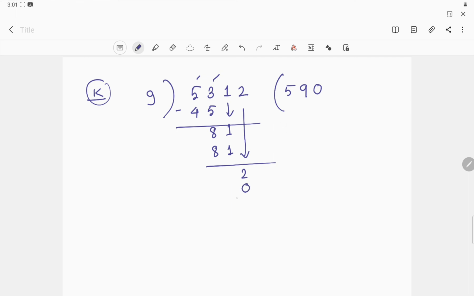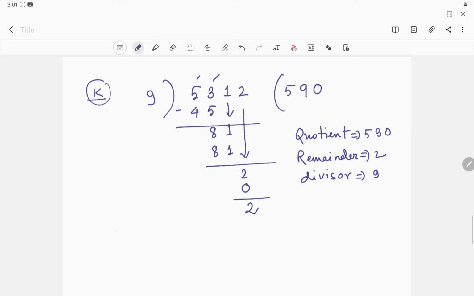That means 9 zeros are 0 and you are getting 2 as a remainder. So what is your quotient? Quotient is 590, remainder is 2, divisor is 9. Now let's check.